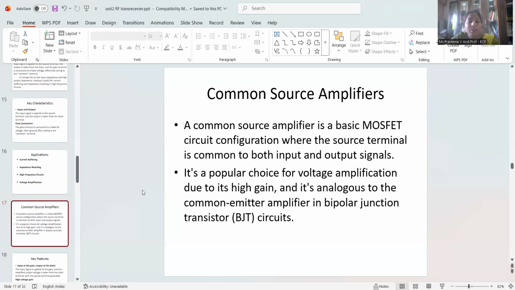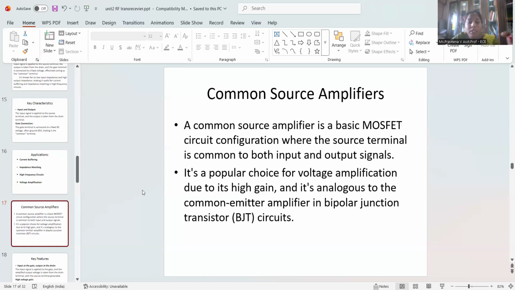Students, we are already familiar with the common emitter amplifier, so we can easily understand the operation of the common source amplifier, right? You learned about the common emitter amplifier in first year itself, in second year EC, electronic circuits, right?